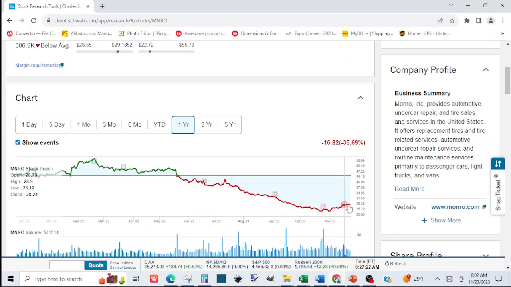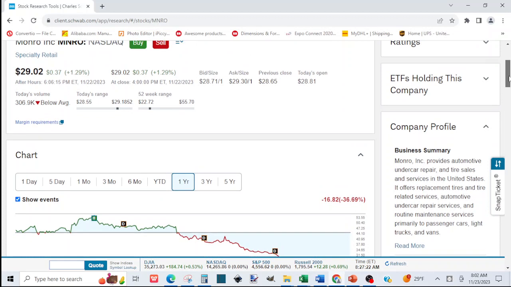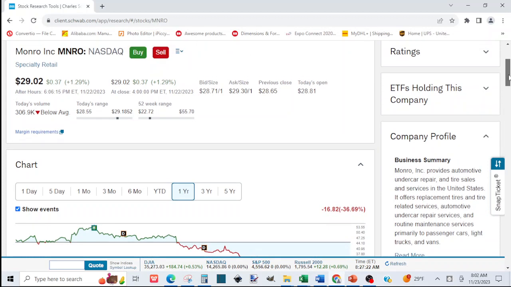So it could go down a little bit again. So if you want to buy, you'll place the order, but not at the price it is selling. If you're not in any hurry to buy that share, you can just put a lower price and select good until cancel, which is 60 days or 90 days that the price will be valid.